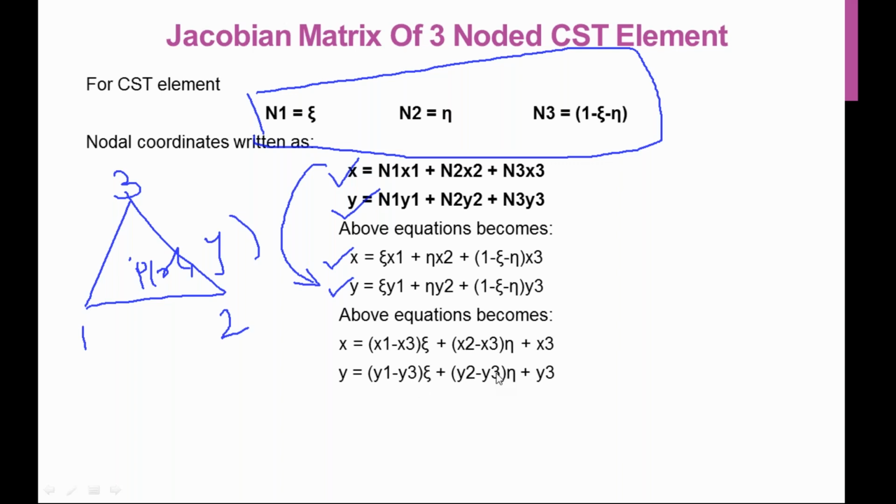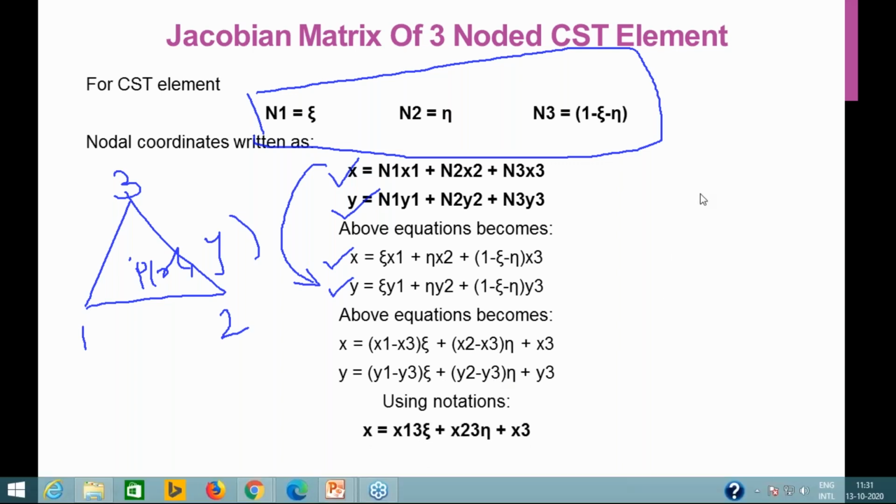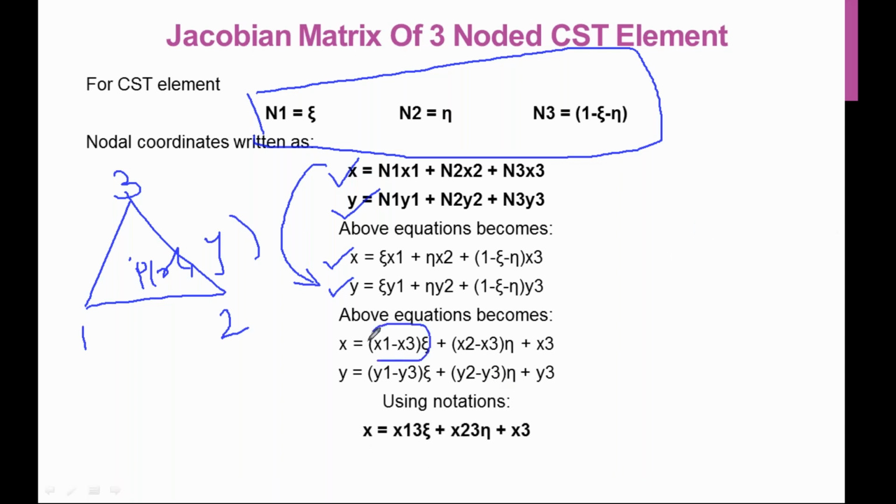Similarly for y, (y1 minus y3) into zeta plus (y2 minus y3) into eta plus y3. Using notation, I can write x1 minus x3 as x13, and similarly x2 minus x3 is x23. Don't confuse: x13 is equal to x1 minus x3, so don't take x3 minus x1.